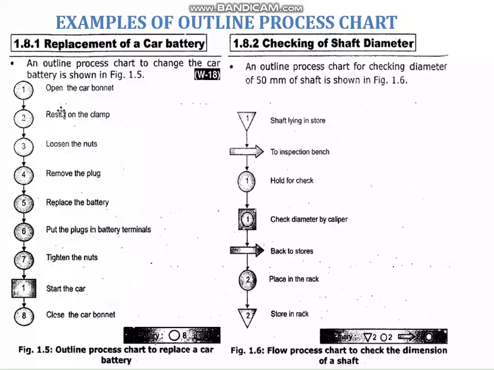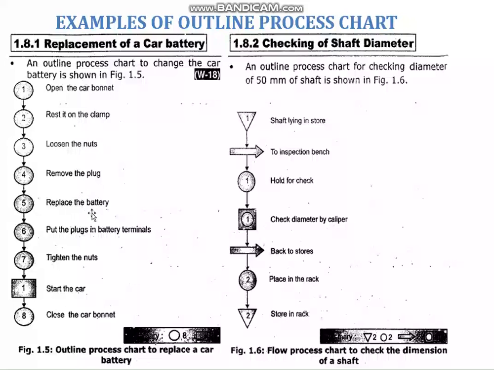Once you open the car bonnet, what will you do? You rest it on the clamp, so that the bonnet does not automatically fall and close again. You use some kind of stopper so that the lid will stay up. Then you go to the battery, loosen the nuts, and remove the plug.